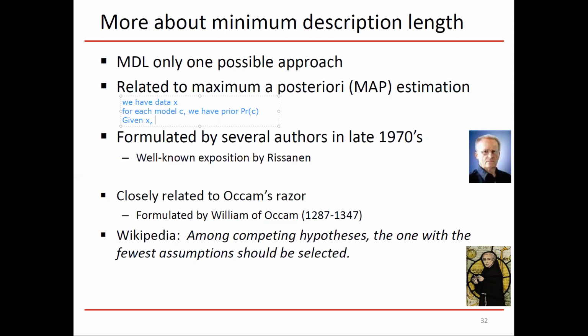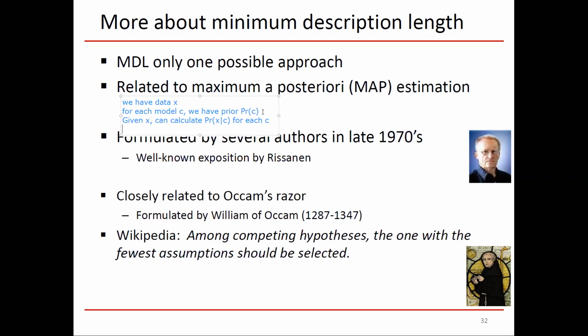initially, there are different ways how I could proceed. I can calculate the probability of X conditioned on C for each C. And one approach, which is called maximum likelihood estimation, says choose the C where the probability of X given C is largest.